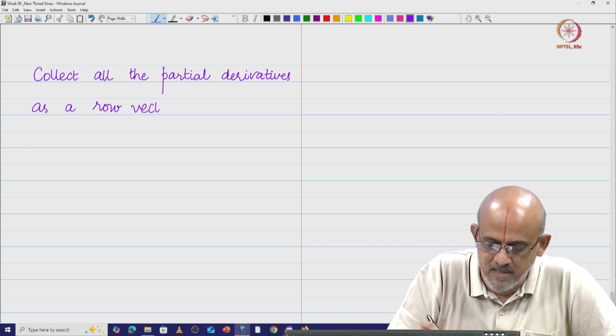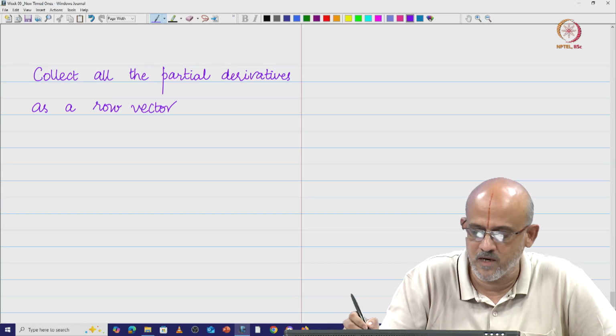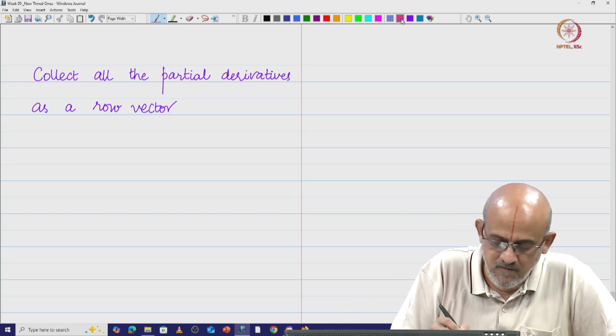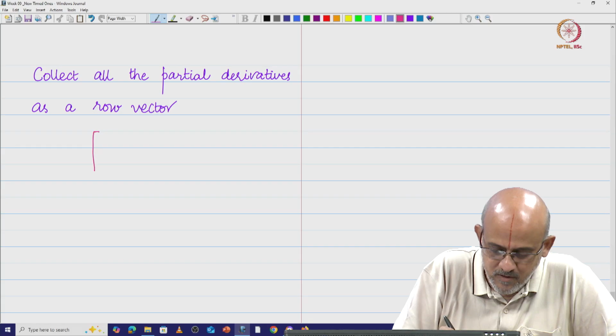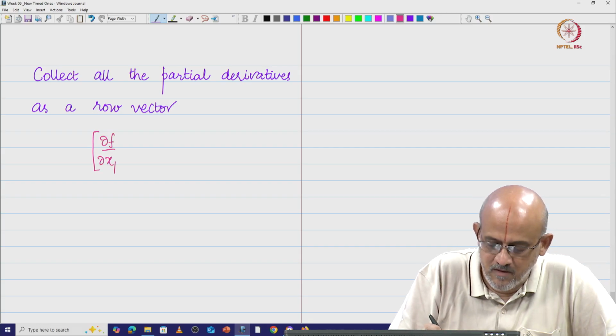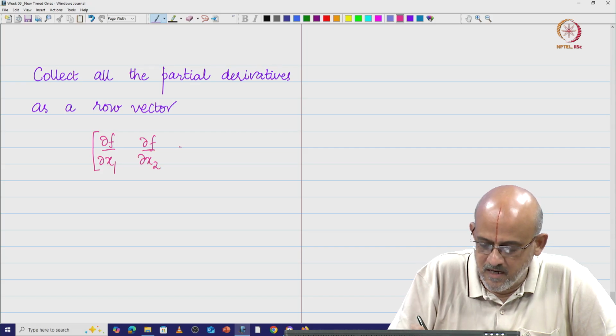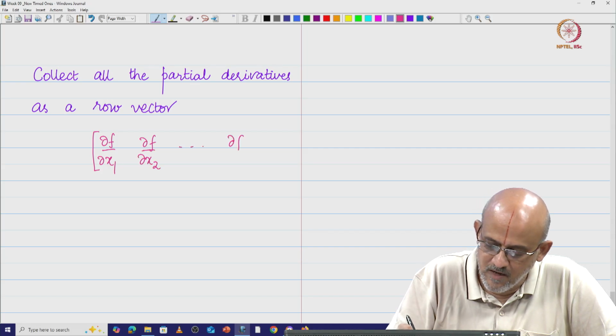Now, what do we mean by this? We know the idea of a vector, a column vector, a row vector. So, we are going to write this as dou f by dou x1, then the second component is dou f by dou x2 and it goes on, then we have dou f by dou xn.